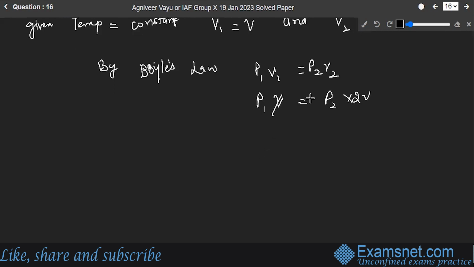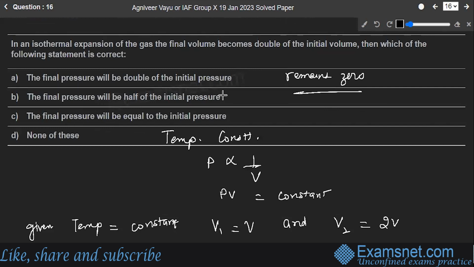And V will cancel, which means P1 is equal to twice of P2, or P2 is equal to half of P1. Okay. So final pressure will be half of the initial pressure. Option B is the correct answer. Hope you understood this. Let's move to the next question, number 17.